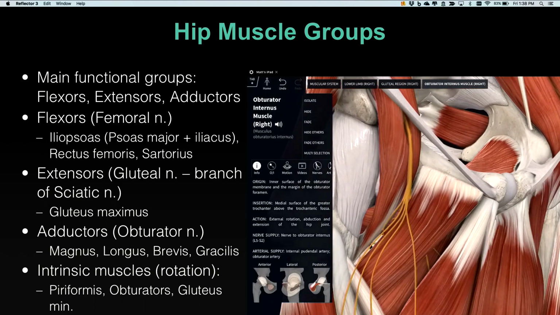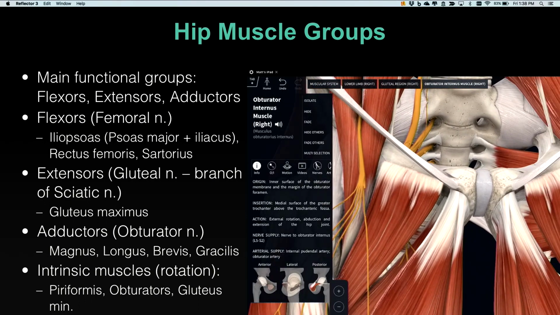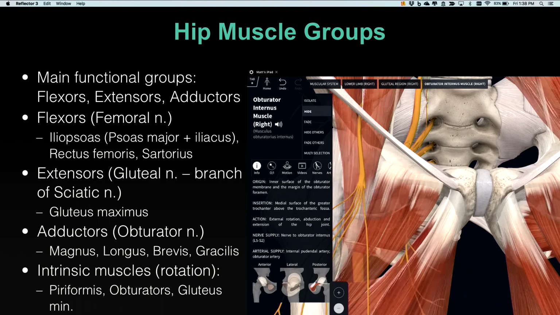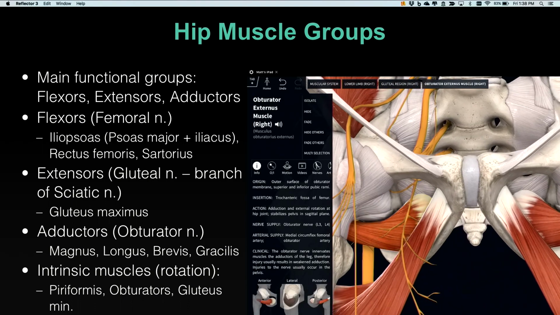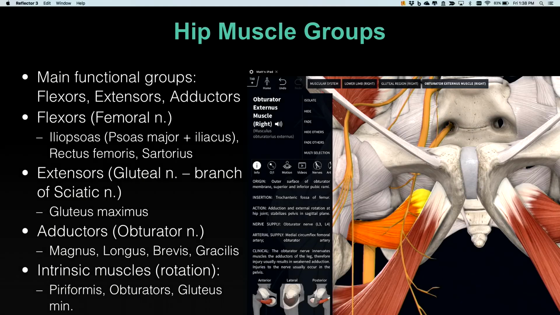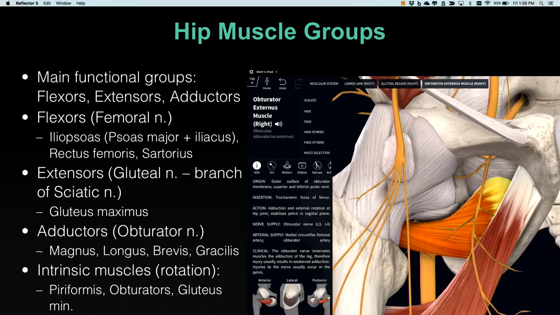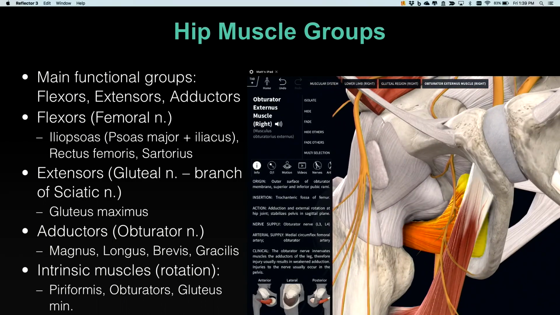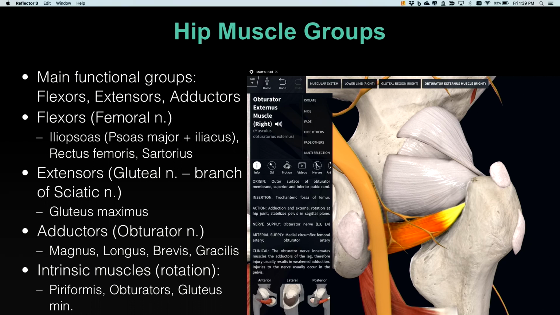And that's complemented, it's a little bit harder to see with all of these muscles in the way, by Obturator Externus, which is almost the same thing, but external to the pelvis. Very similar origin: ischial bone, pubic bone, obturator membrane. It passes posterior to the femur and then inserts on the greater trochanter.